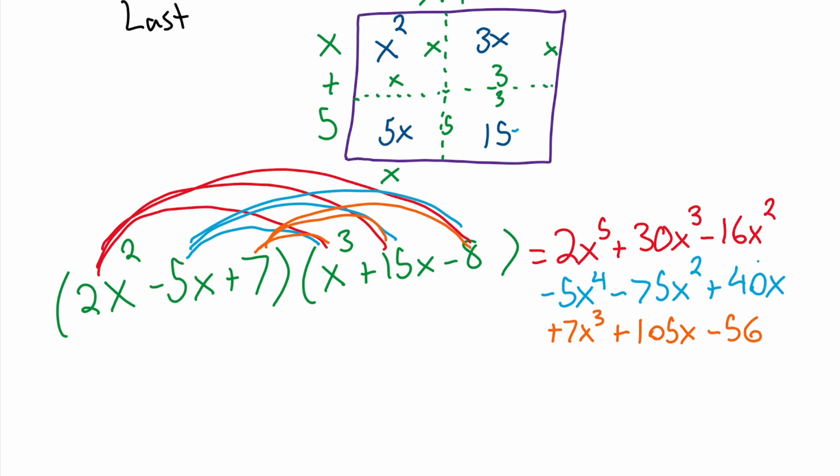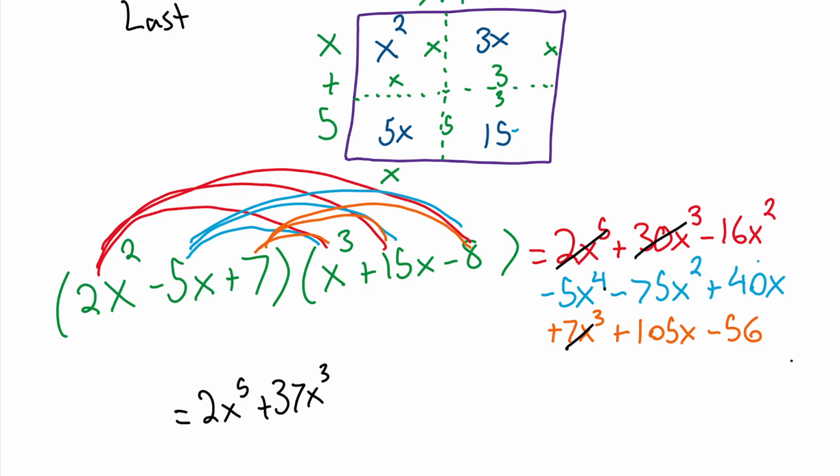So ultimately now we look for like terms here, and we do have a few. It might be a good idea to cross the terms off as you go through them, just to make sure you haven't missed any. Here I have a 30x cubed and a 7x cubed, so 37x cubed.